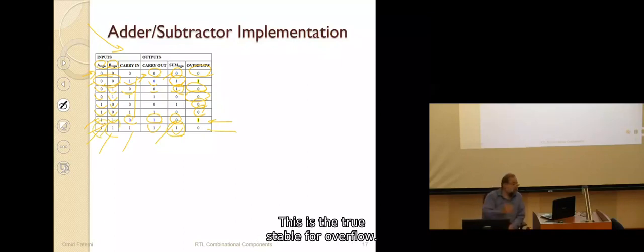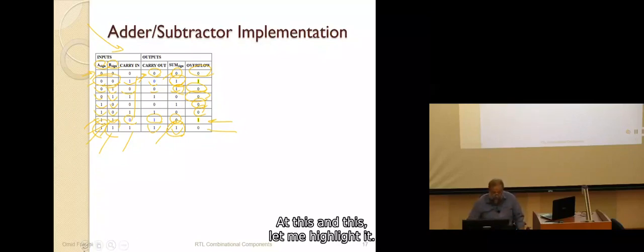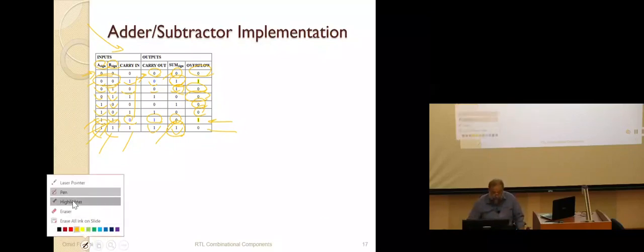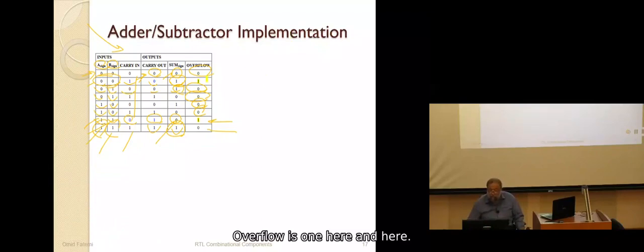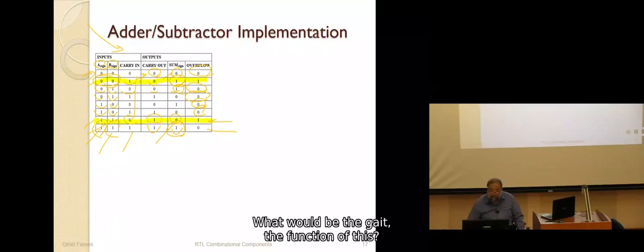So this is the truth table for overflow. Overflow is only 1 at this and this. Let me highlight it. So overflow is 1 here and here. So what would be the function of this?